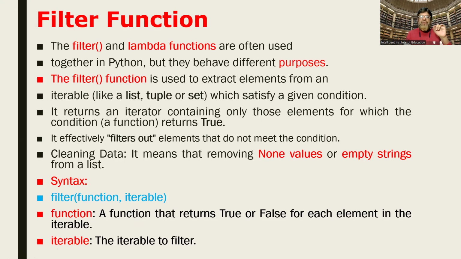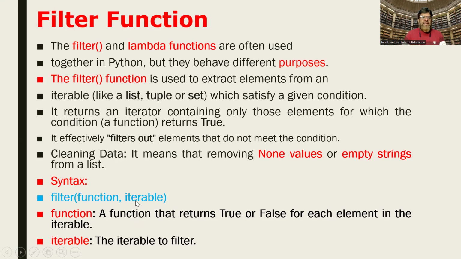With the help of filter we can filter out the data, so None values and empty strings will be removed and the data will be clean. We use this on a group of data, such as a list, tuple, or set, isn't it?